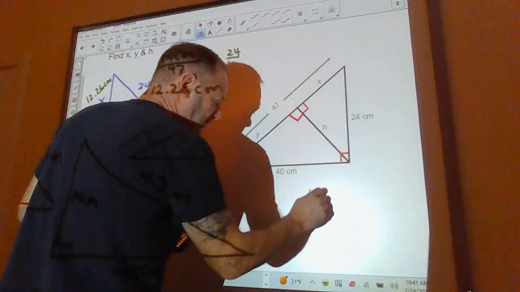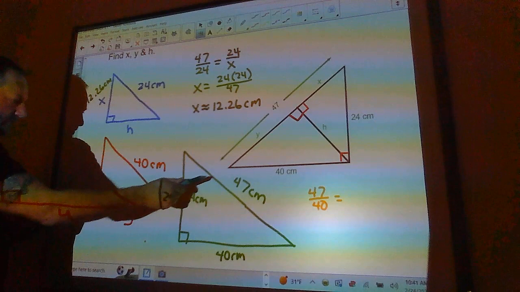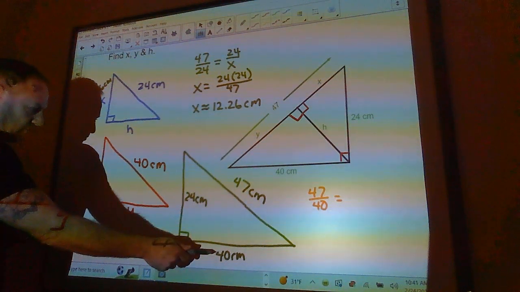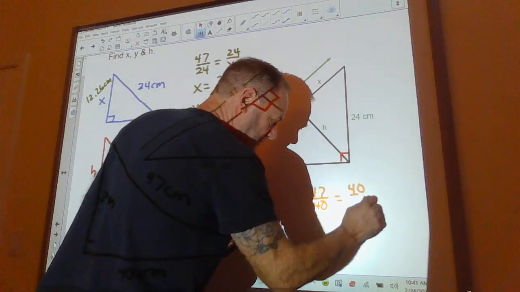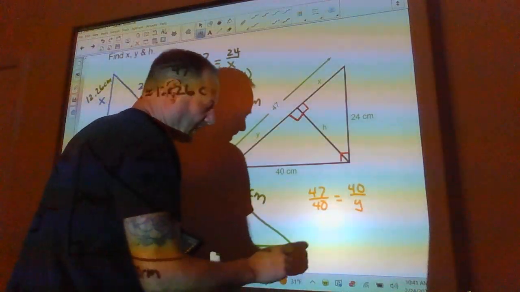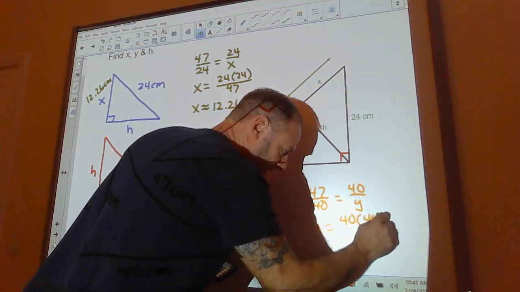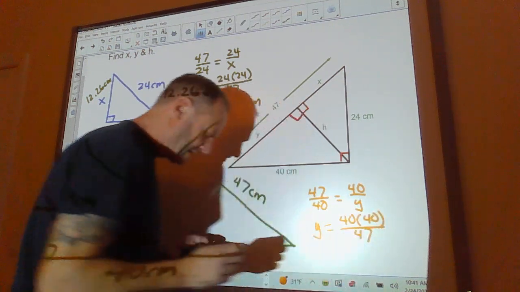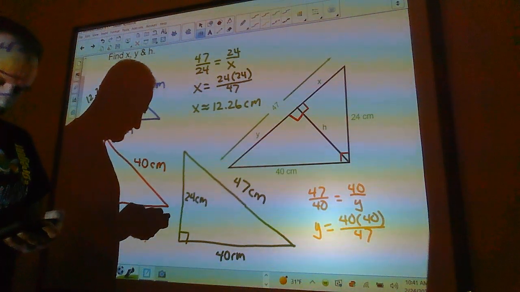So here, 47 is to 40. So this is to this, as 40 is to y. Okay, so y is going to be 40 times 40 divided by 47. So that's 1600 divided by 47.